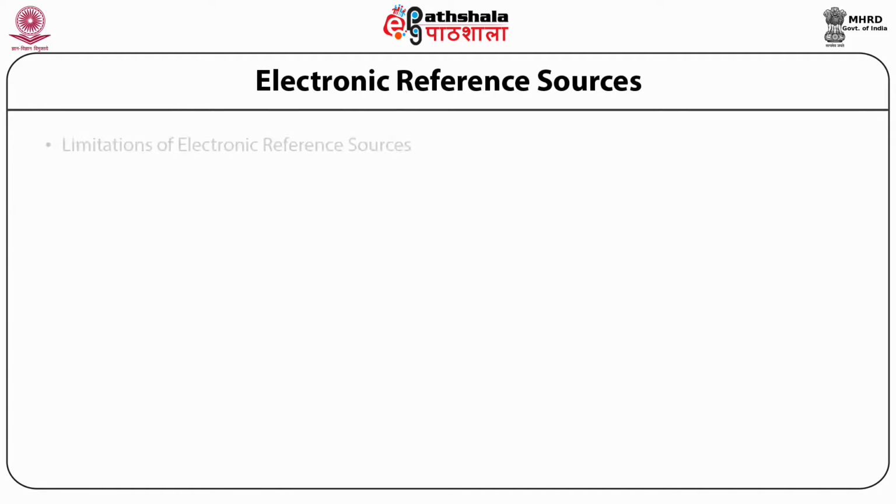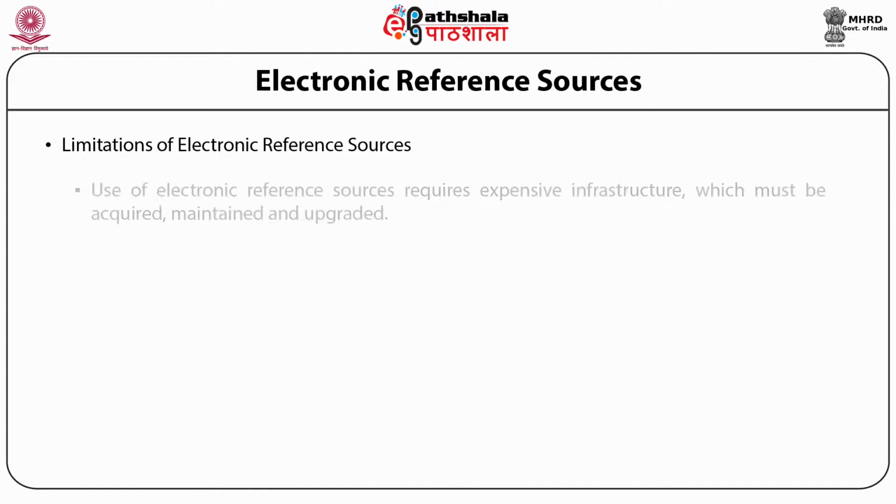However, there are some limitations of electronic resources. Use of electronic resources requires expensive infrastructure which must be acquired, maintained, and upgraded. This covers computer hardware and software, internet connection, and subscription to databases.